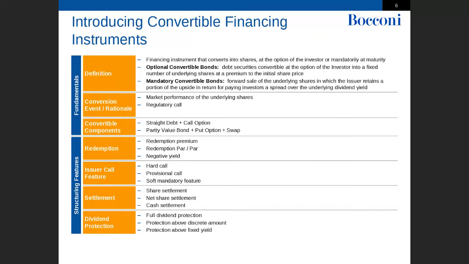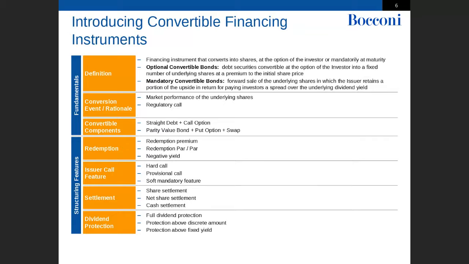So you will be reading in the pages that we're going to flip through quickly afterwards all these characteristics of the convertible. The convertible is de facto a debt security, a bond that converts into equity by issuing a number of shares at a premium to the initial share price.